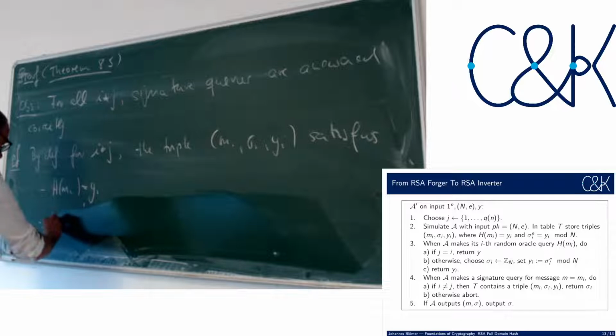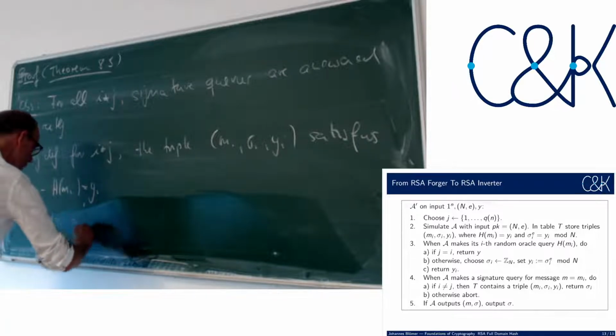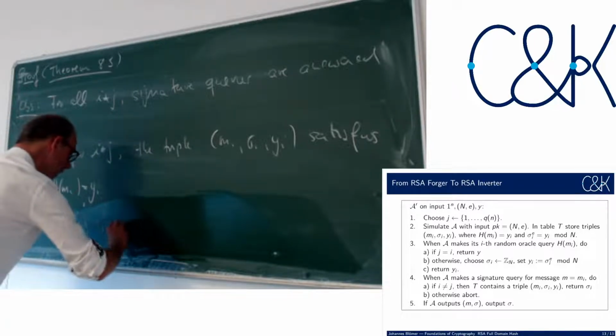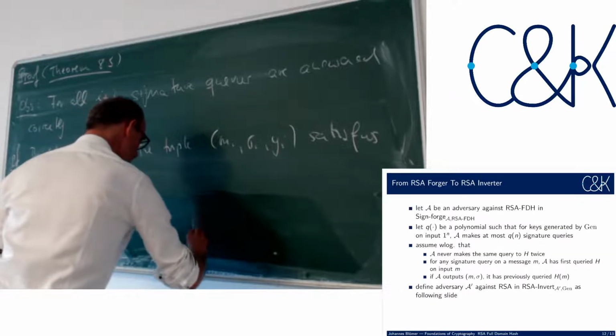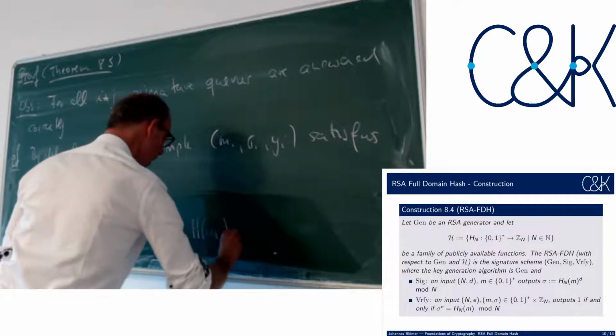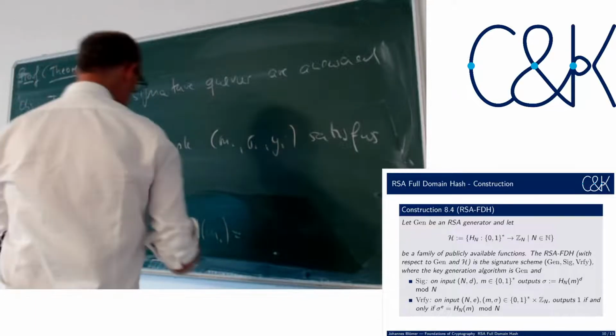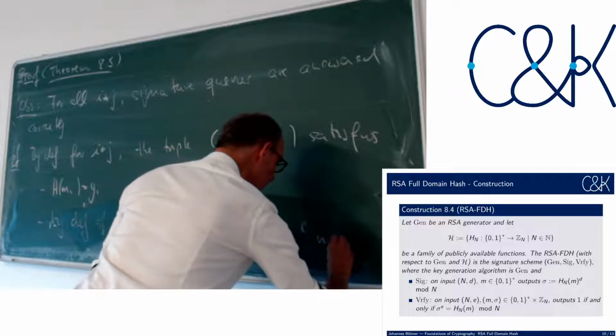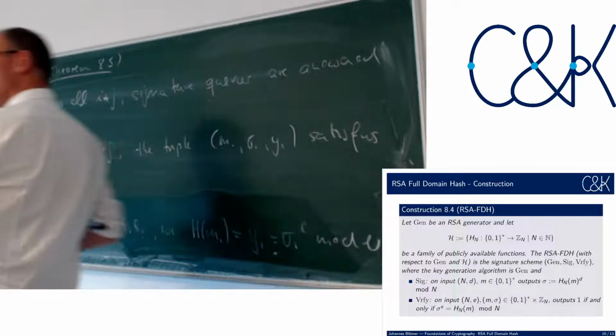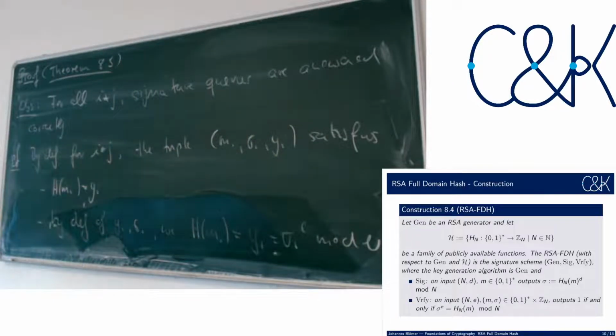By definition of yi comma sigma i, we have h of mi, which is yi, which is sigma i to the e mod n. This is the way we constructed these things.